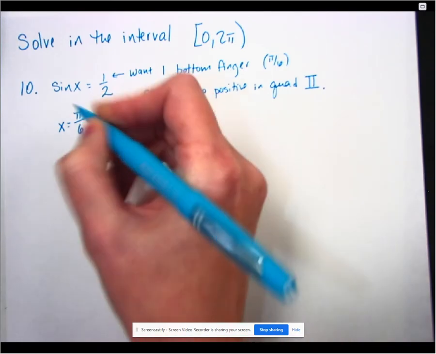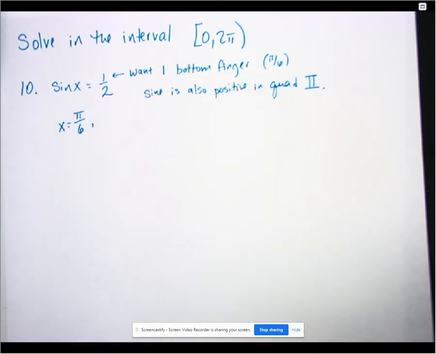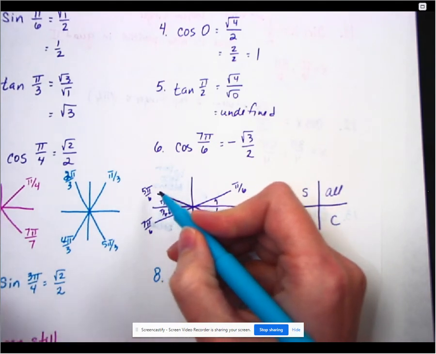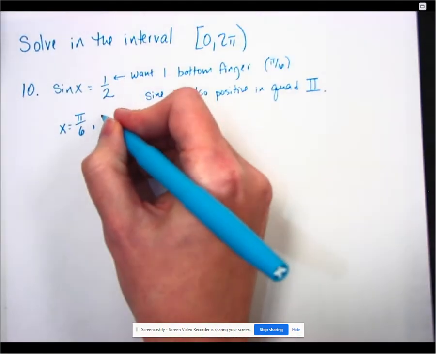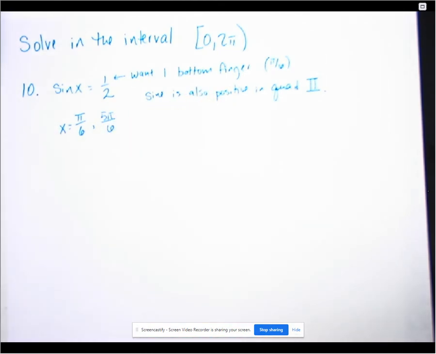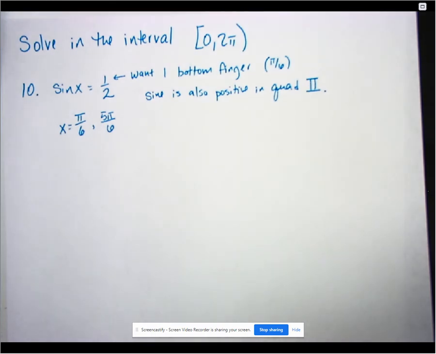So we want the pi over 6 angle that is in quadrant 2, and that angle is 5 pi over 6. So those are the two angles between 0 and 2 pi that have a sine of 1/2.